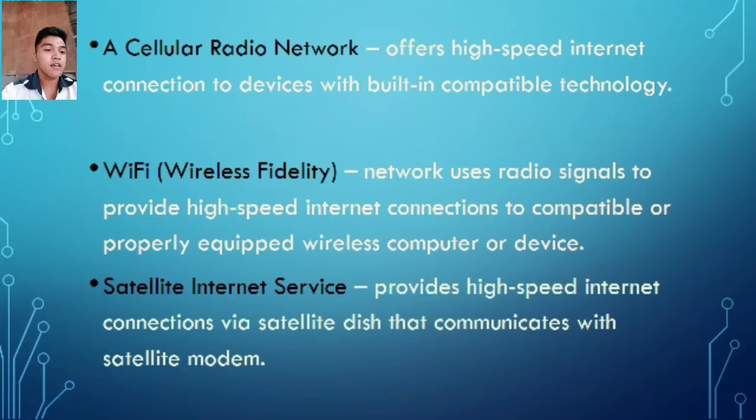Wi-Fi or wireless fidelity network uses radio signals to provide high-speed internet connection to compatible or properly equipped wireless computers or devices. Satellite internet service provides high-speed internet connections via satellite dish that communicates with a satellite modem.